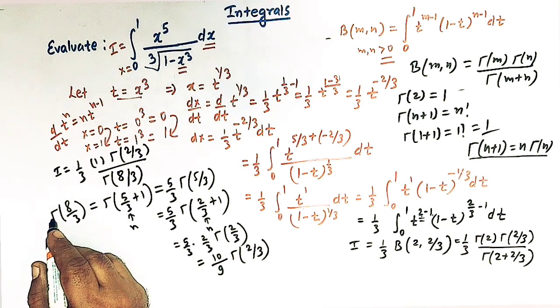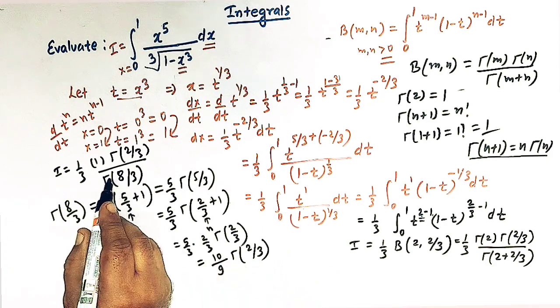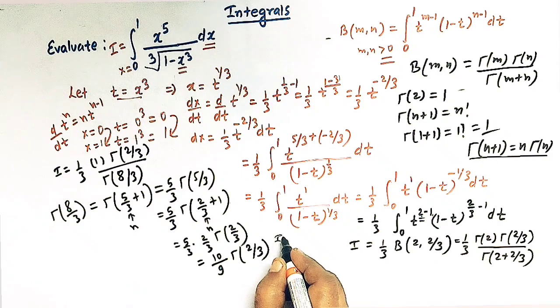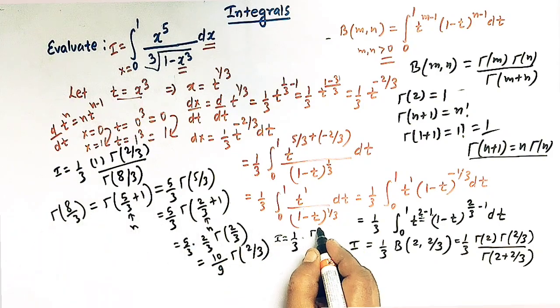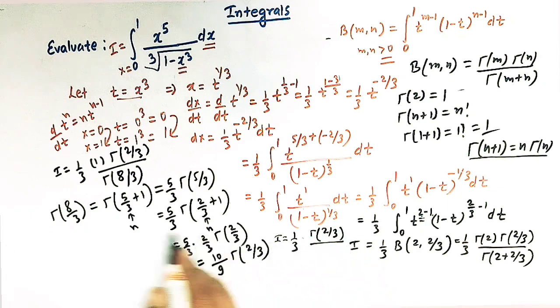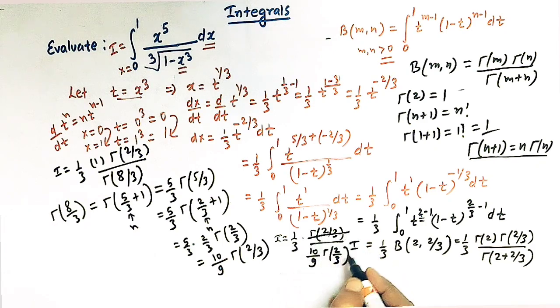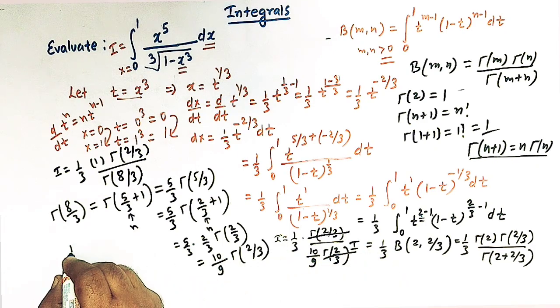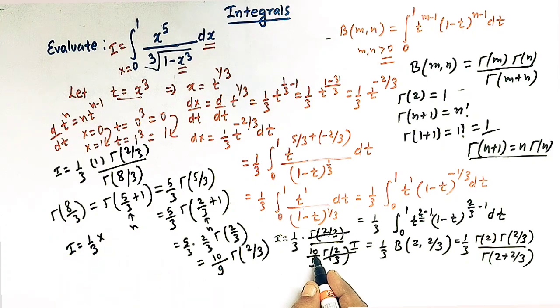So now substituting this value of gamma 8 over 3 as 10 over 9 times gamma 2 over 3 in this expression, I is now equal to 1 over 3. This is 1, and we have simply gamma 2 over 3, and this is 10 over 9 gamma 2 over 3. Now these two terms get cancelled, and we are left with 1 over 3 times, here we have in the denominator 10 over 9.